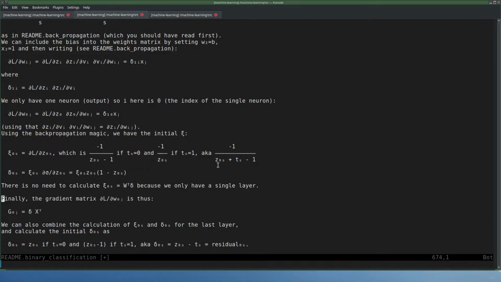Yep, I think I should integrate this with respect to Z0S, and then I get my loss function. Looks like that is the logarithm of for this, minus the logarithm of that even.